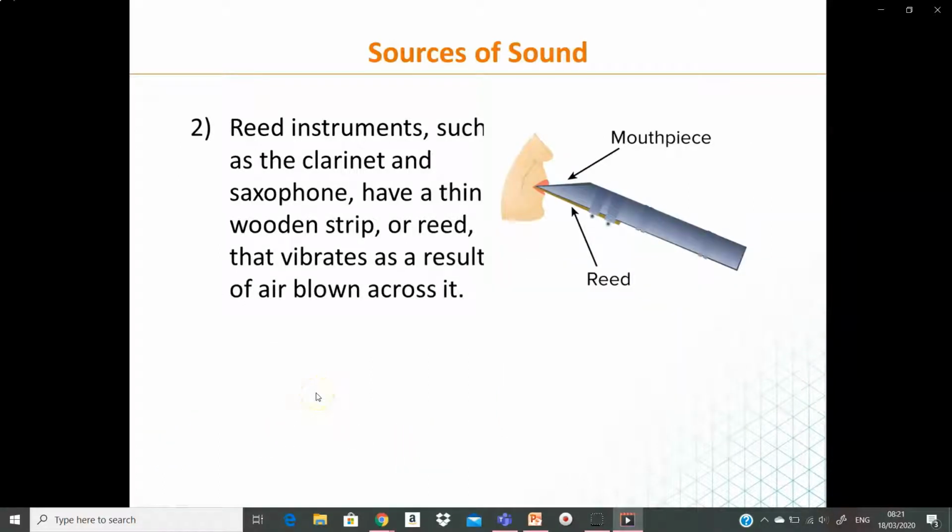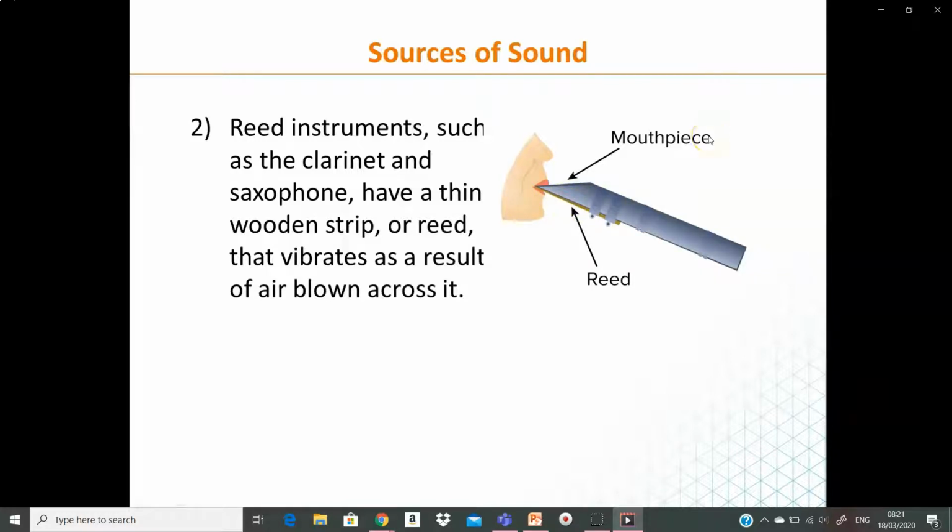So in this case, it will be open at both ends. Now, the second type is called reed instruments, such as the instrument that you see here. This one is the clarinet. The clarinet and saxophone both have a thin wooden strip. Do you see this piece?